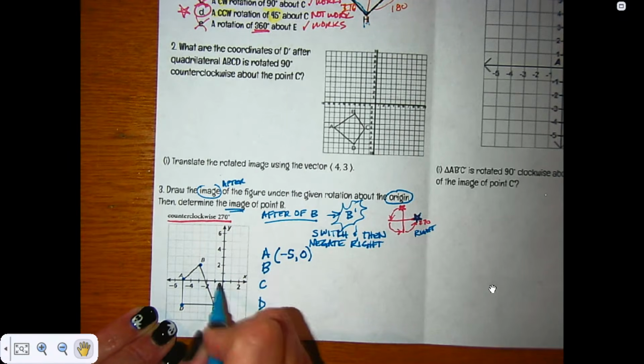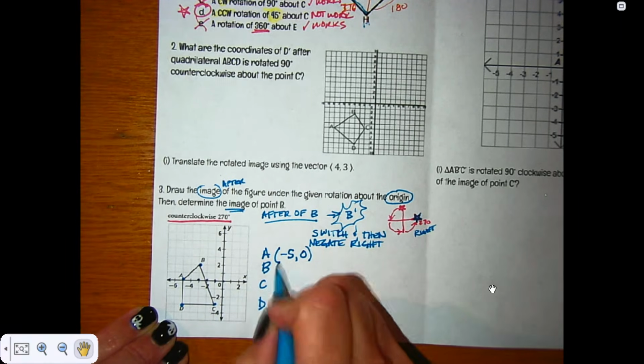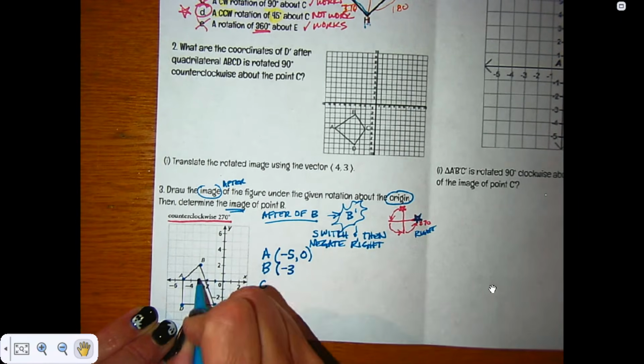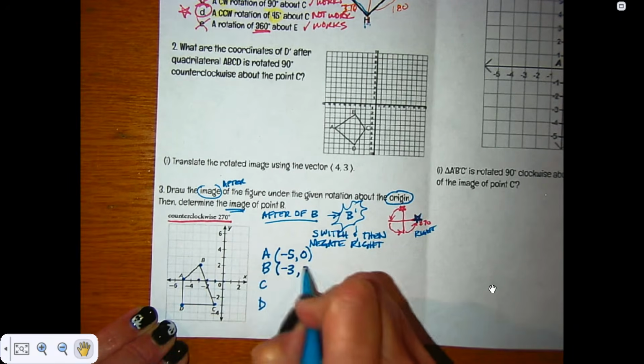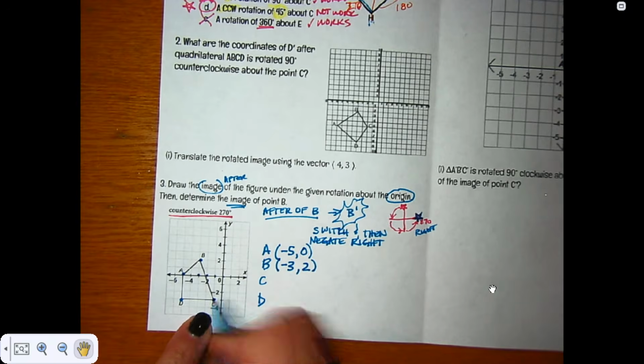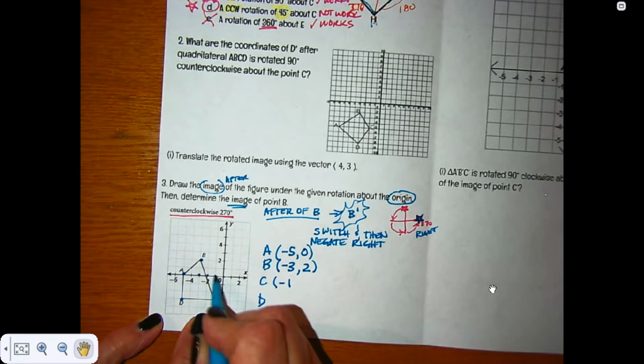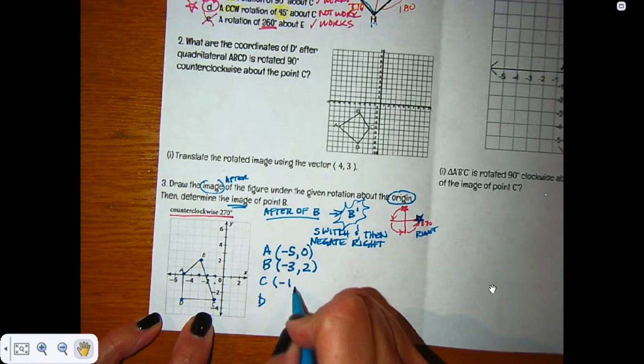B is -1, 2, 3, -3 backwards, and then 1, 2 up. So that's a +2. Okay, C is right down here. So that means I'm going to go -1, backwards 1, and then down 1, 2, 3. Down 3. Remember, you can count bubbles.